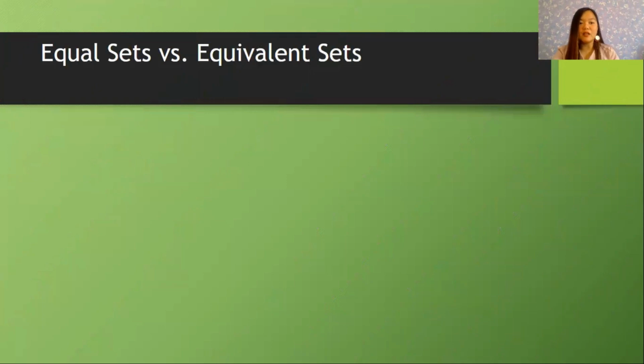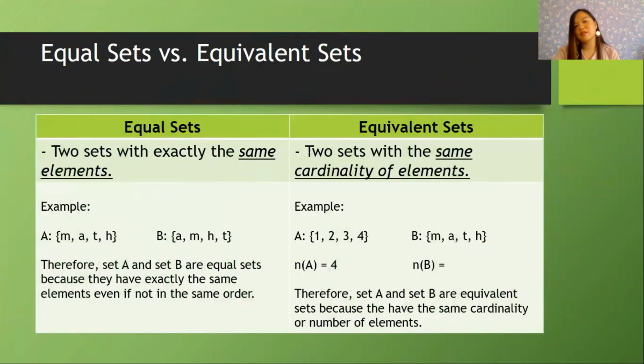Next, we have equal sets versus the equivalent sets. When we say equal sets, two sets with exactly the same elements. For example, set A is containing the letters in the word math.